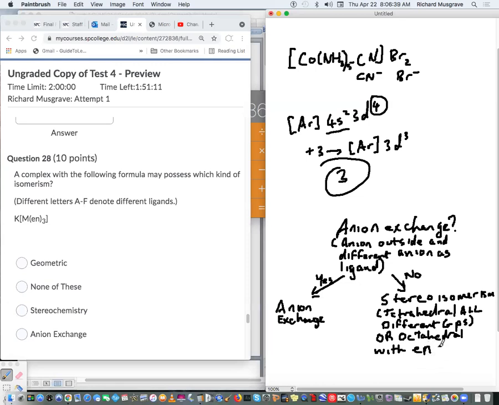We talked about that as well, octahedral with en. So those are the 2 possibilities there. If the answer is yes, obviously it's going to be stereoisomerism.